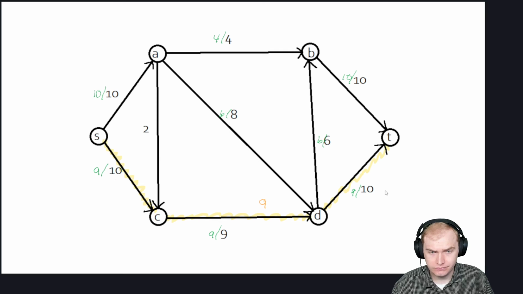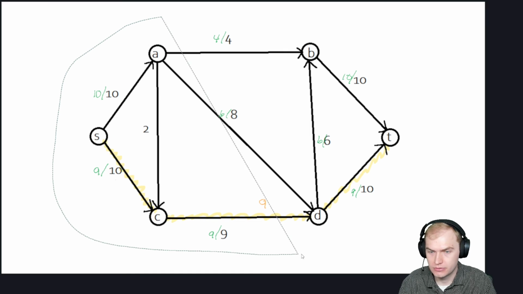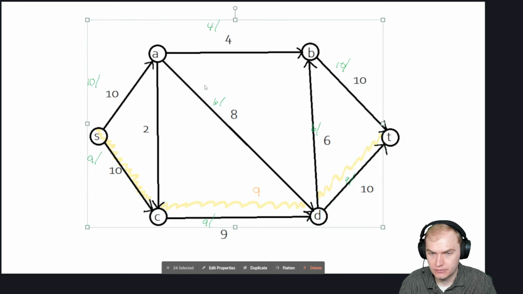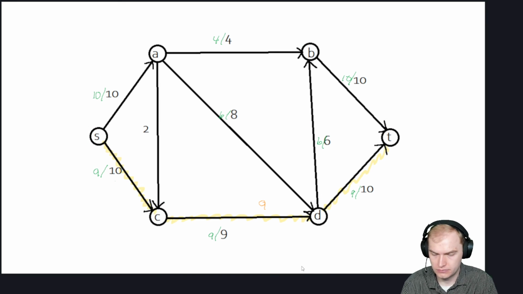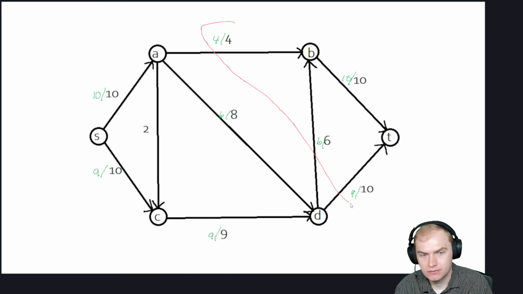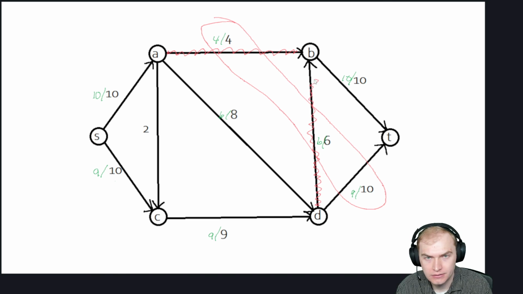So, now we look for a new augmenting path, is what it's called. And we notice that there's actually a cut here.